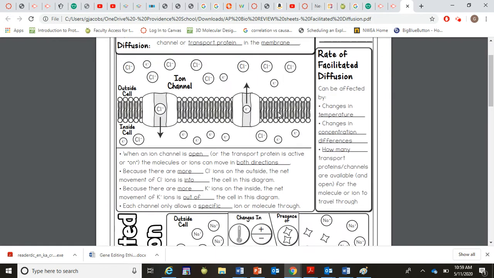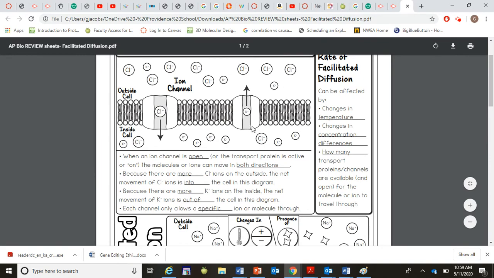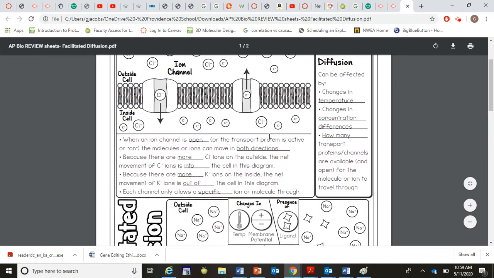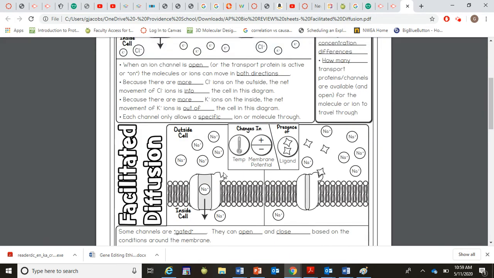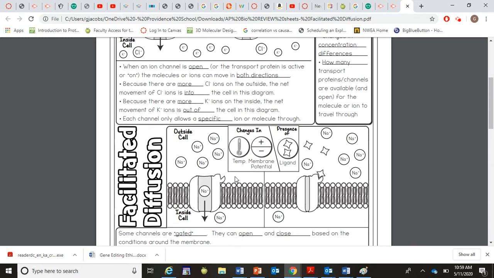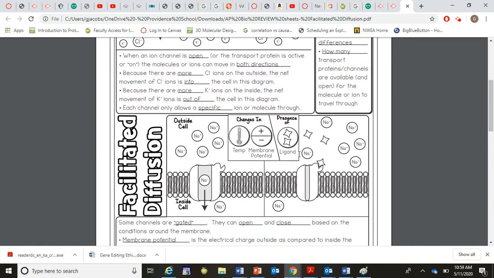So I used the example up here of Providence having doors around the building. Well, we don't necessarily want the doors to be available to everybody all the time. So something that could bind to the exterior of a protein and cause it to open and close will be like our security badge. Here, the presence of a ligand can cause the channel to open or close.